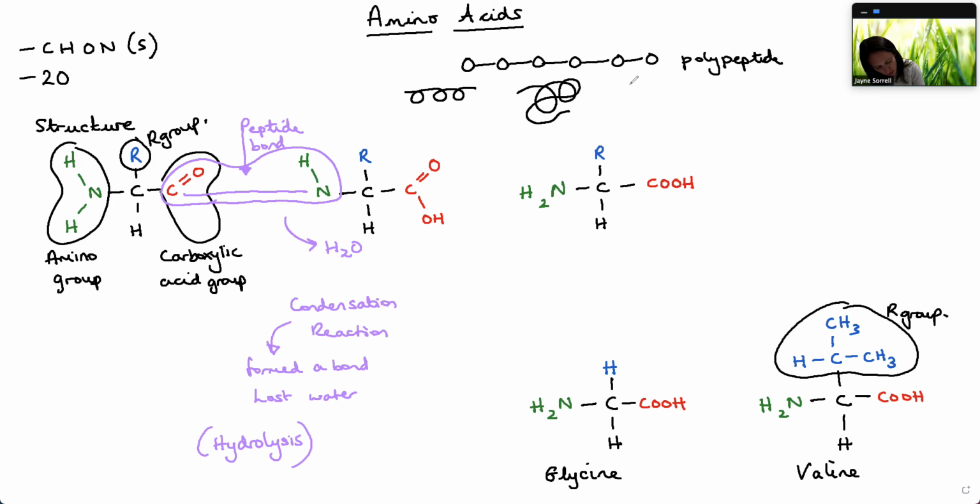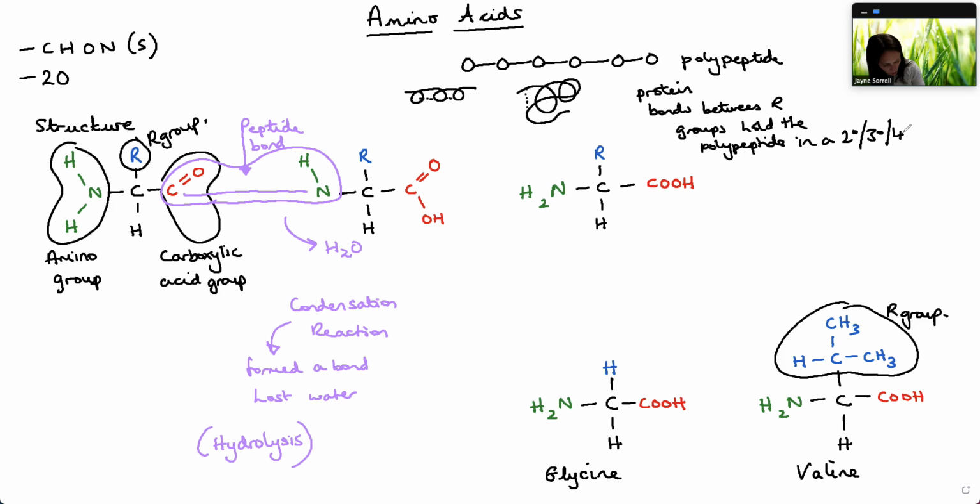And in order for it to fold, to form the functional protein that can carry out a function, there needs to be bonds forming, and those bonds form between R groups. So bonds between R groups hold the polypeptide in maybe a secondary or a tertiary or even a quaternary shape.